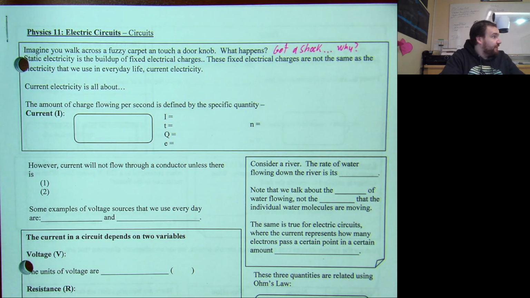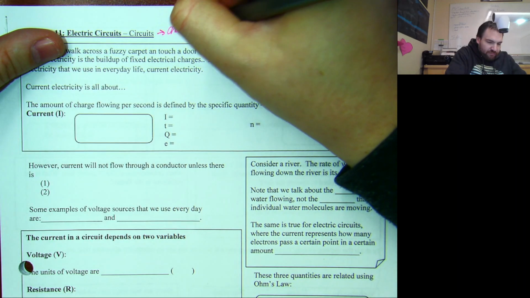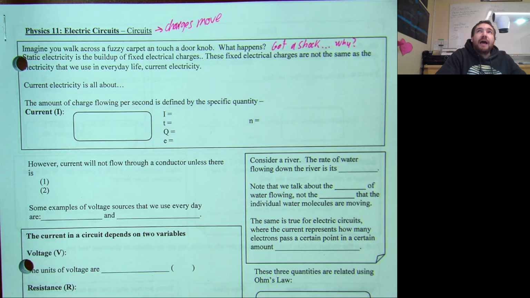Needs to circulate something. Yeah. So we've got moving charges now in this case. So circuits require charges to move. What charges? We'll figure that out.